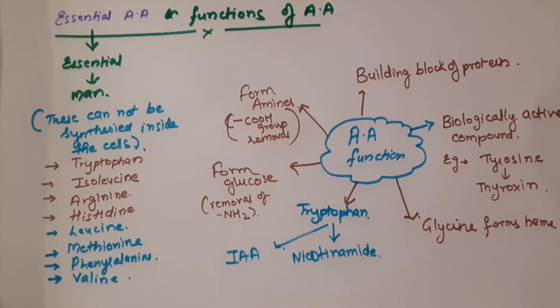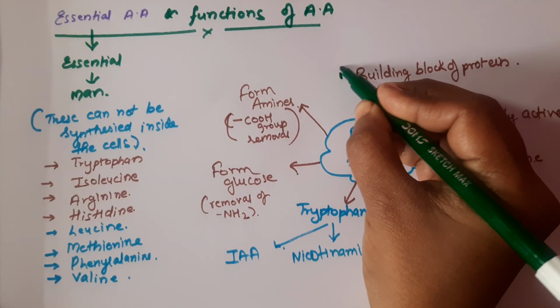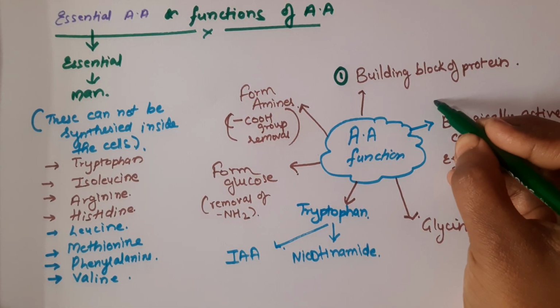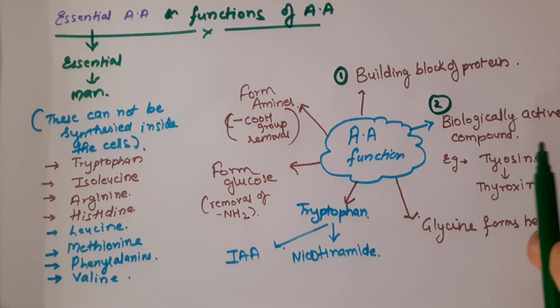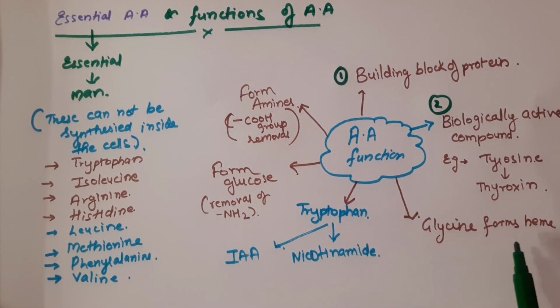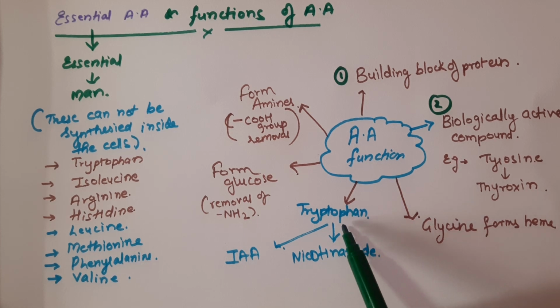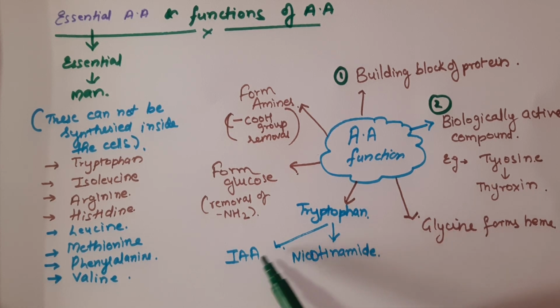Okay, so for you, I will again quickly go through the functions of the amino acid. The first one is the building block of the protein, and then it will give rise to biologically active compounds. For example, tyrosine will get converted into thyroxine. Glycine will form the hemes. The essential amino acid tryptophan is involved in the formation of indole acetic acid, a plant hormone, and nicotinamide, a vitamin.